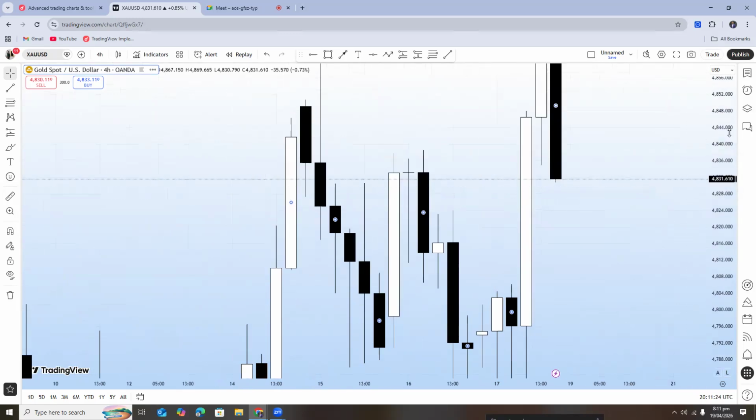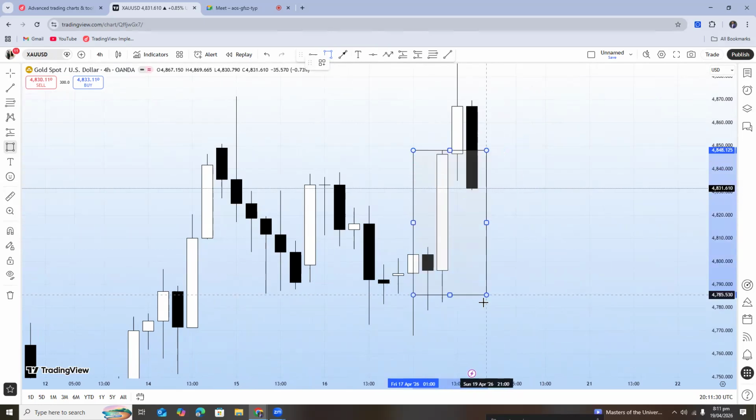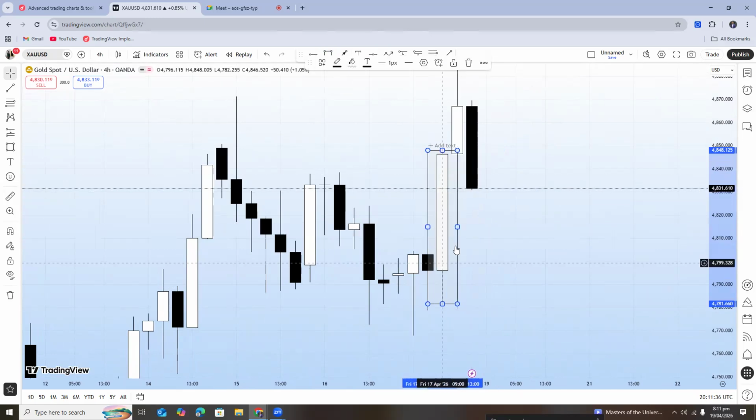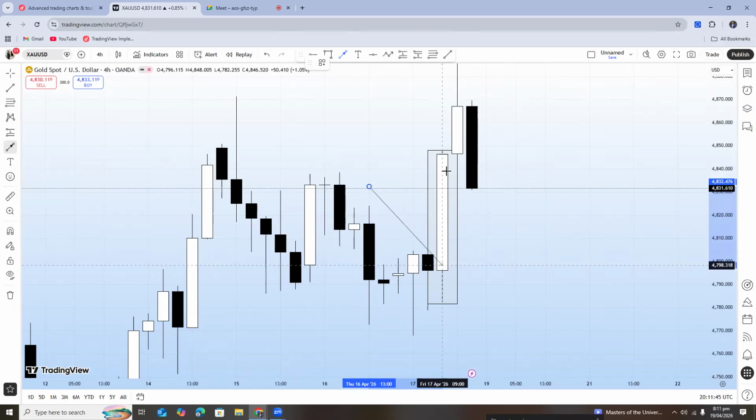So I want you to concentrate on this candle right here. Just this one. We want to learn about it. Now we call this the body of the candle. The entire shape that looks like a rectangle, we call it the body of the candle.